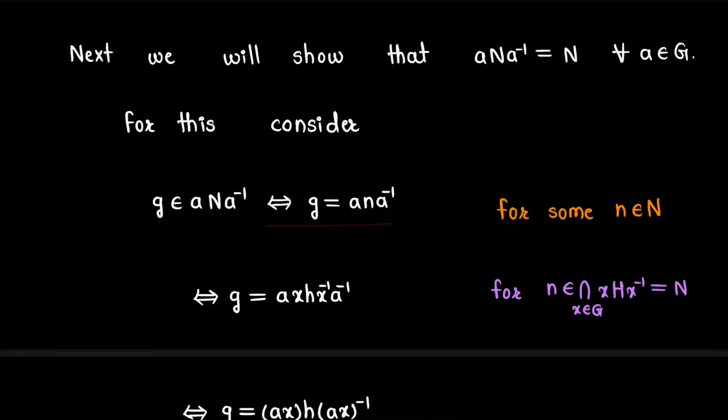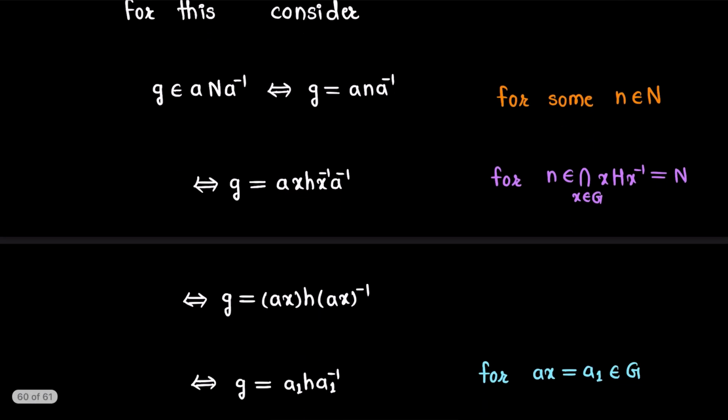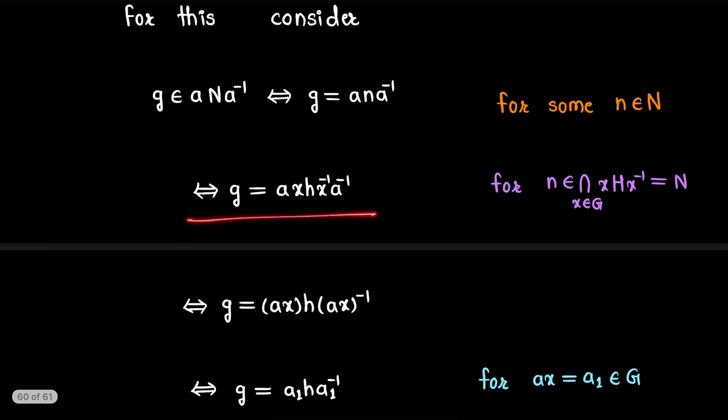If this is true, then we get g is equal to a x h x inverse a inverse, since n is an element in N, so n will be of this form for some h in subgroup H. And if this is true, then we have g is equal to ax h ax its inverse, since this can be written as ax its inverse.